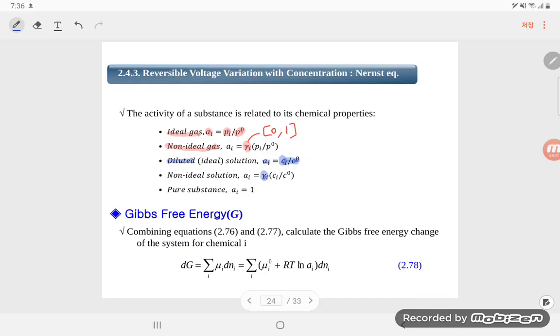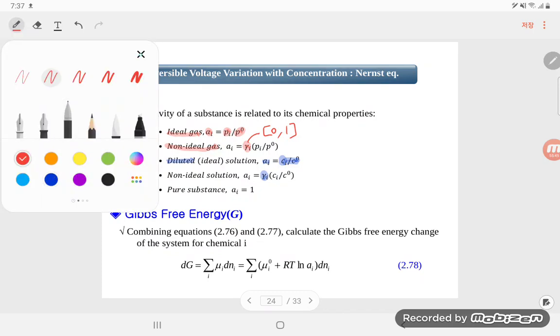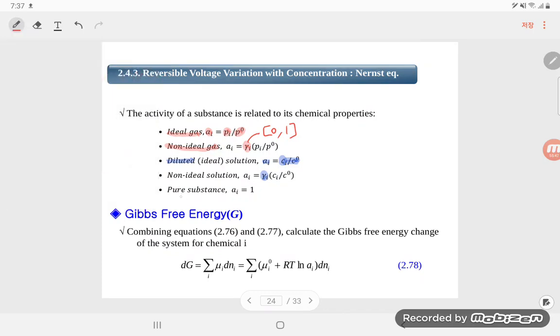And in the case of a pure substance, meaning pure water, something like that, then the activity is considered as 1. This is important for the calculation.